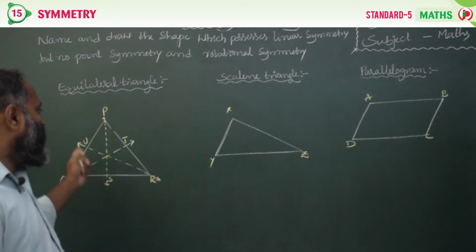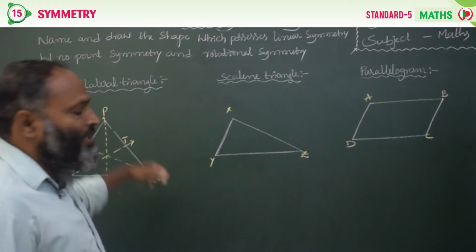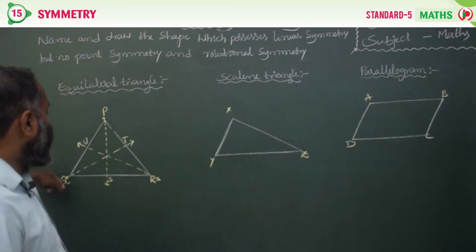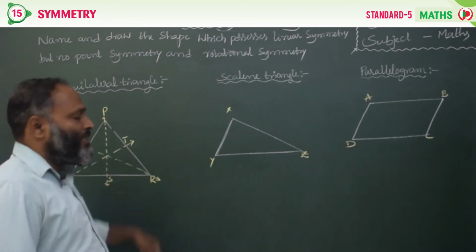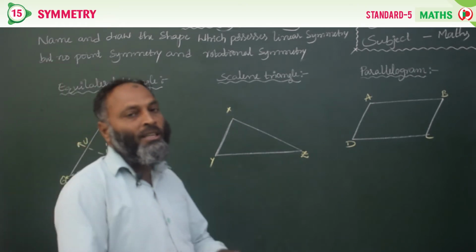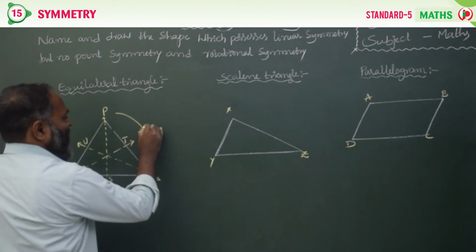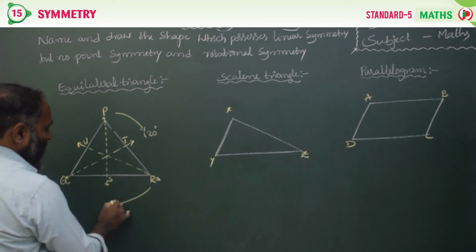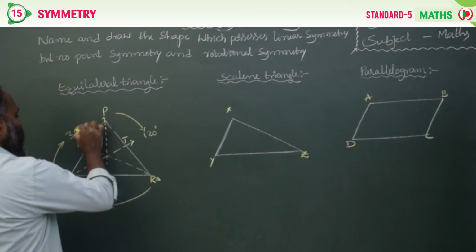Remember this one. Now, what about rotational symmetry? If you turn this triangle by 120 degrees, then 240 degrees, then 360 degrees, you get the same equilateral triangle each time.